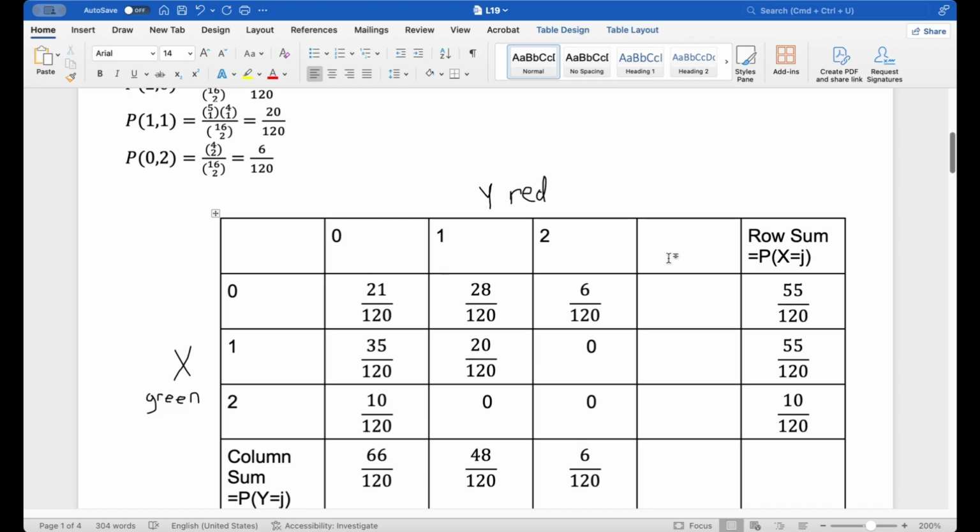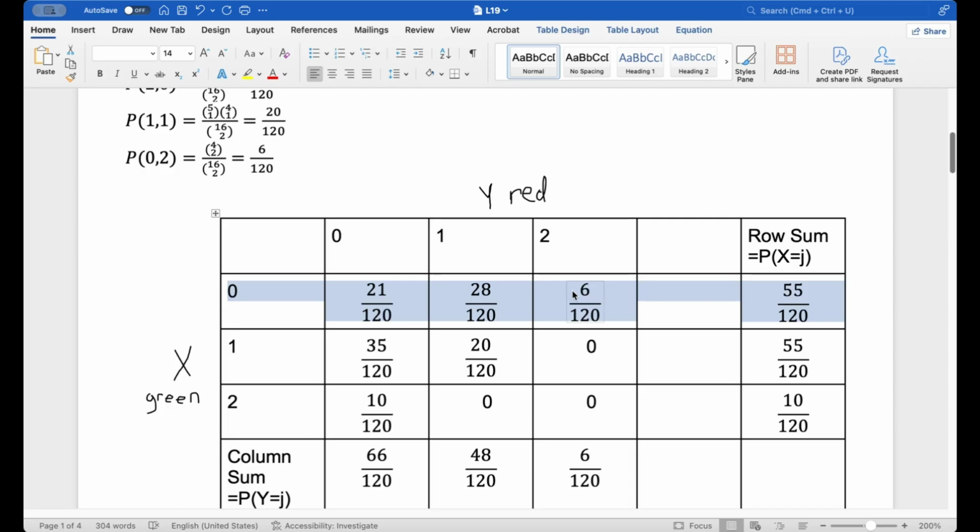Now, if we restrict to just a row or column, we get the probability for each variable separately, and that's referred to as the marginal probability. So the probability that X is 0, we look at just the top row, and we add those values up: 21, 28, and 6 out of 120.